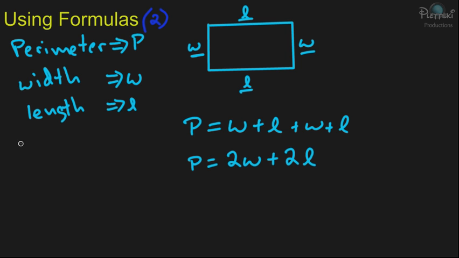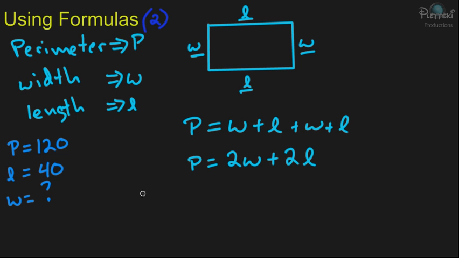If I said the perimeter of my backyard is 120, and I know the length is 40, what is the width? I need to find the width.